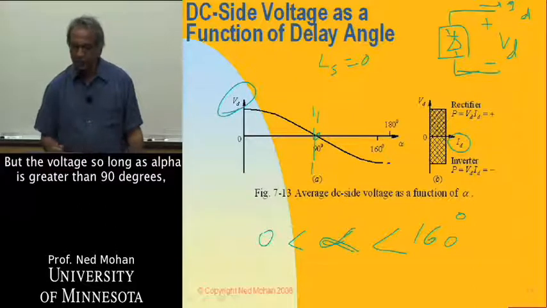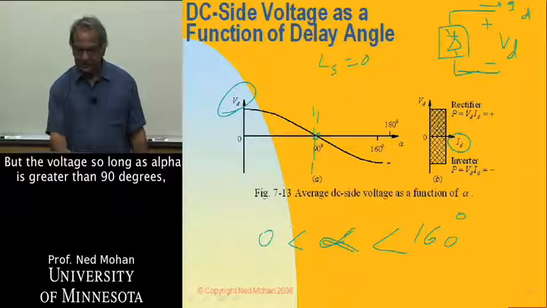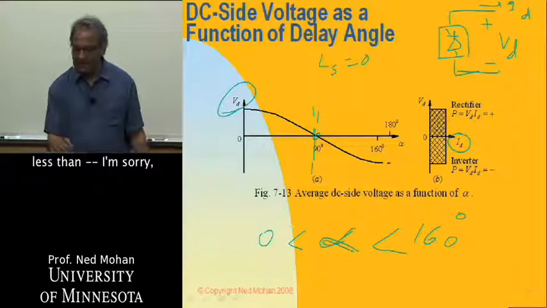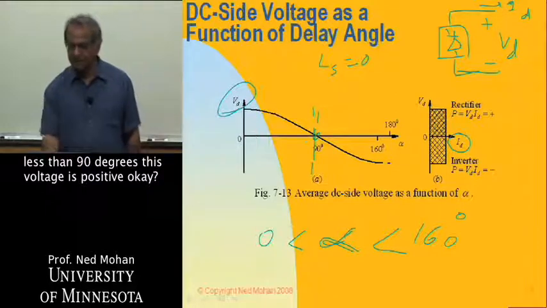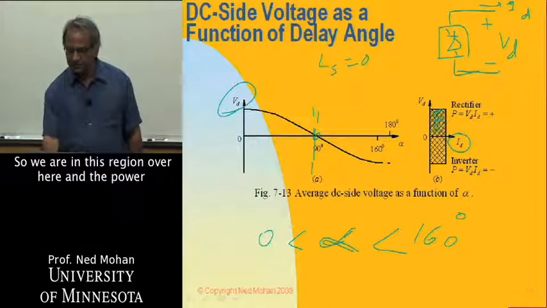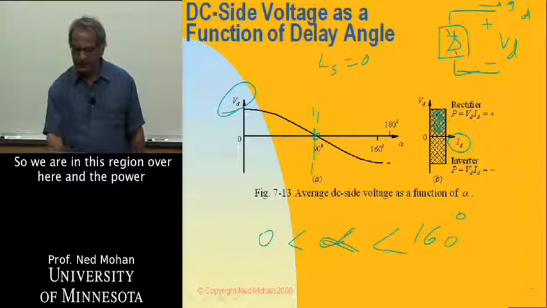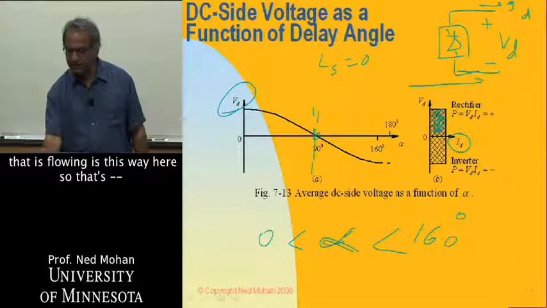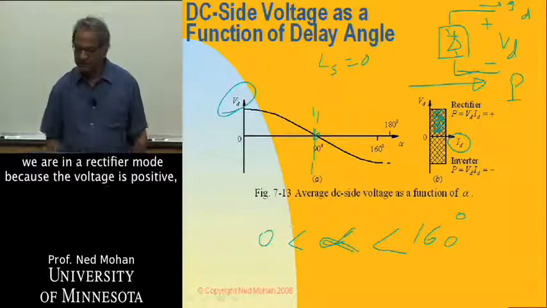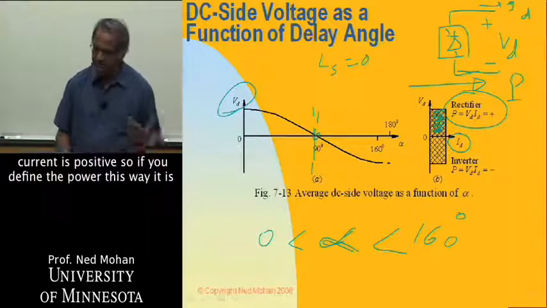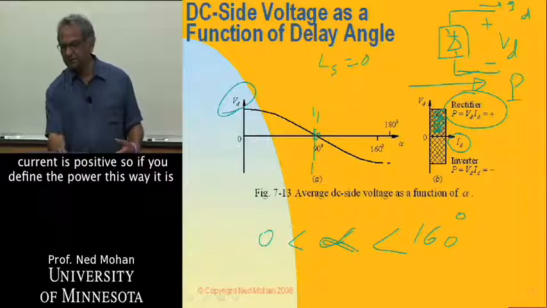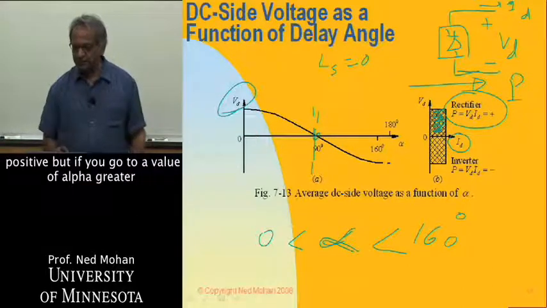Okay, but the voltage, so long as alpha is less than 90 degrees, this voltage is positive. Okay, so we are in this region over here, and the power that is flowing is this way. So that's a rectifier mode, because the voltage is positive, current is positive. So if you define the power this way, it is positive.